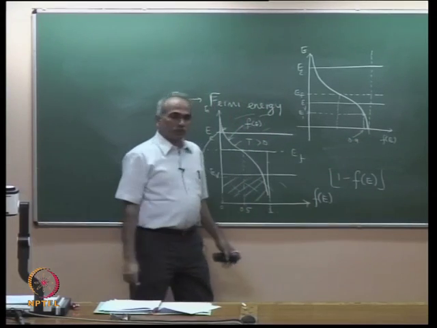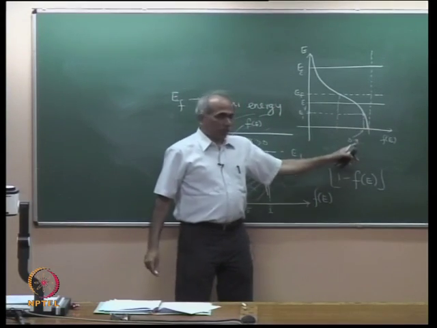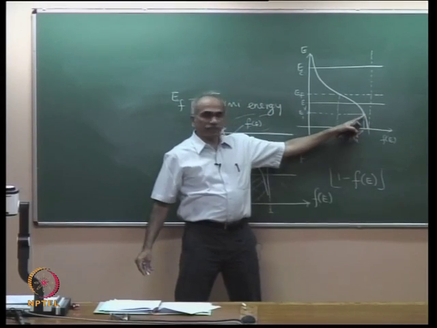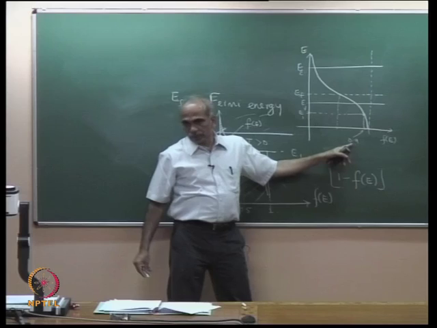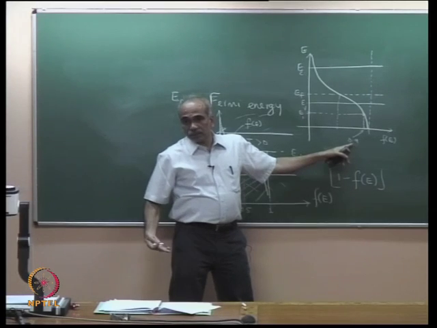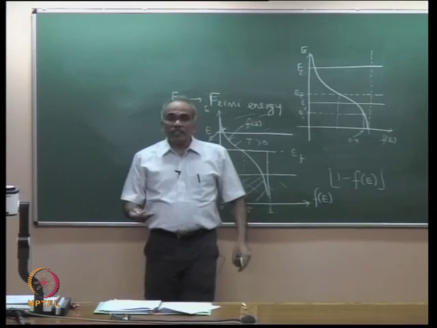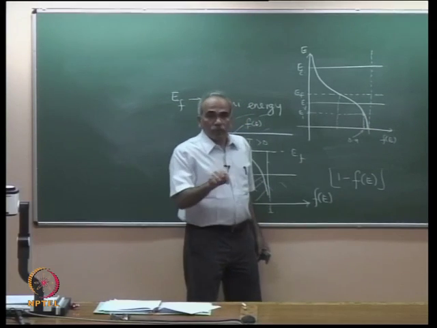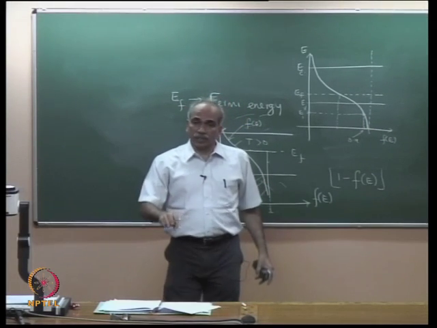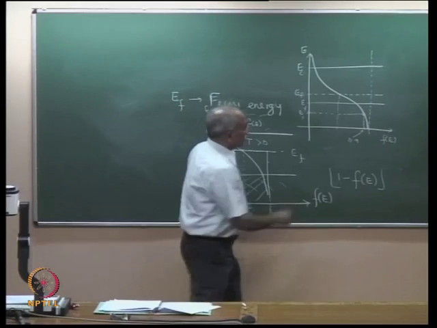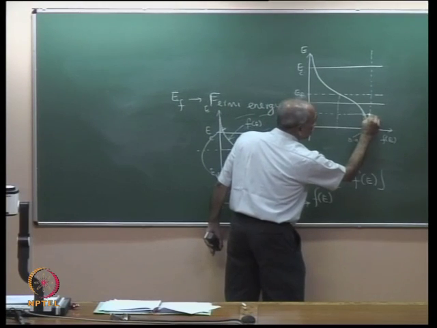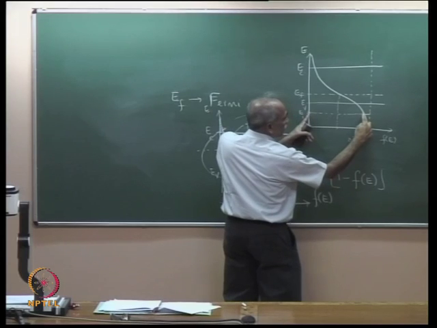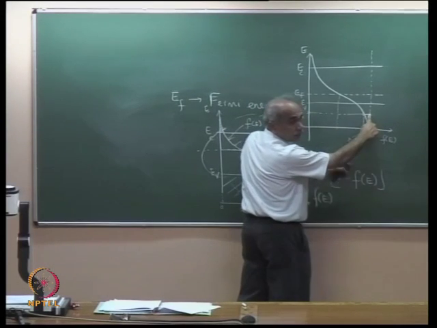Say f of E is 0.9, which means the occupation probability of the energy level E1 is 0.9, which means the probability that the state at E1 is vacant is 0.1, 1 minus 0.9. That is this one. If this length is 0.9, then this is 0.1.